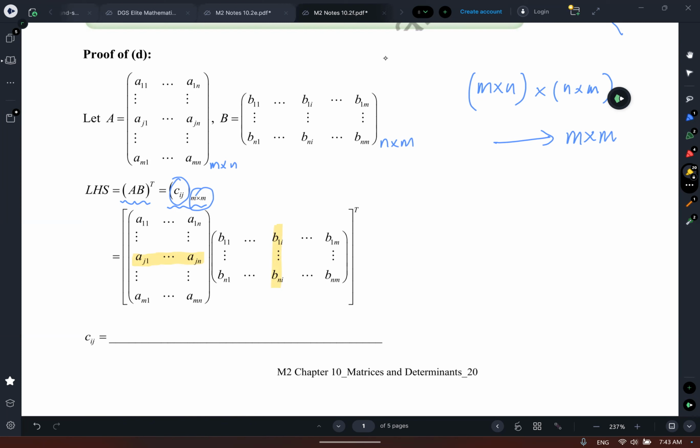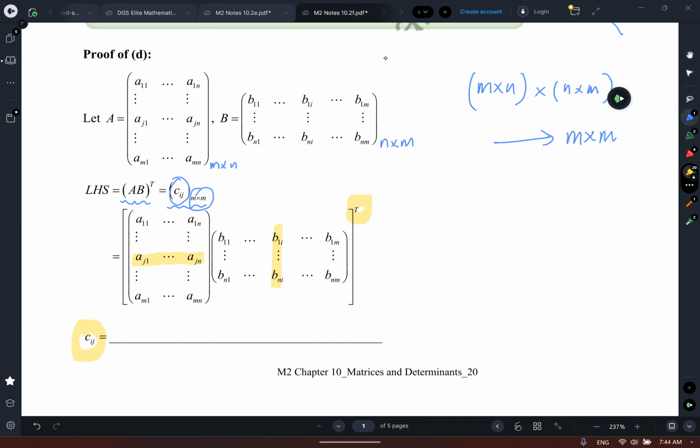Now some students may ask, why isn't it the ith row times the jth column? Remember, there's a transpose. After transpose, the jth row will become the jth column, and the ith column will become the ith row. So to calculate the ith row, I must use the ith column, and for the jth column, I should use the jth row.